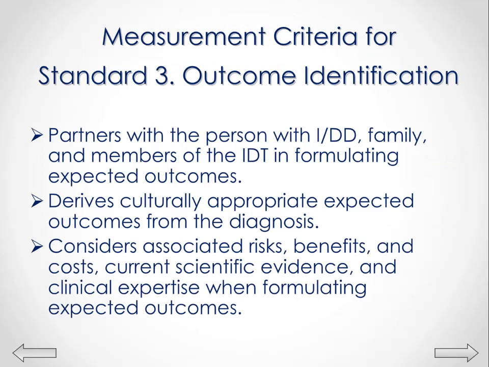In examining the specific competencies associated with the identification of outcomes, the registered nurse needs to develop those outcomes in partnership with the person with disability and other members of their support team. Outcomes should be culturally appropriate, related to the person's expressed values. The outcomes have to consider any type of associated risk, benefits, cost, the support of scientific evidence, the trajectory of the condition.